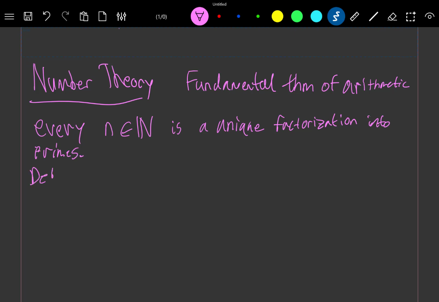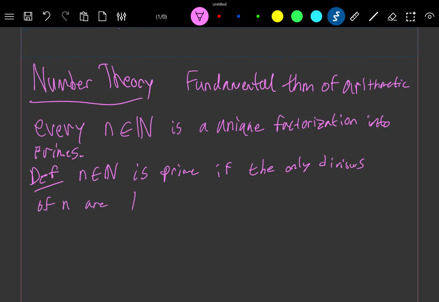So first, let's just define what a prime number is. A natural number n is prime if the only divisors of n are 1 and n.